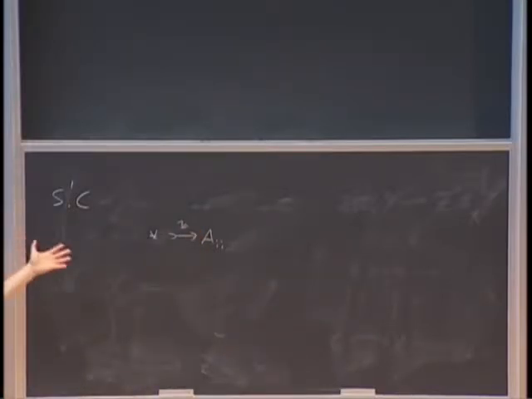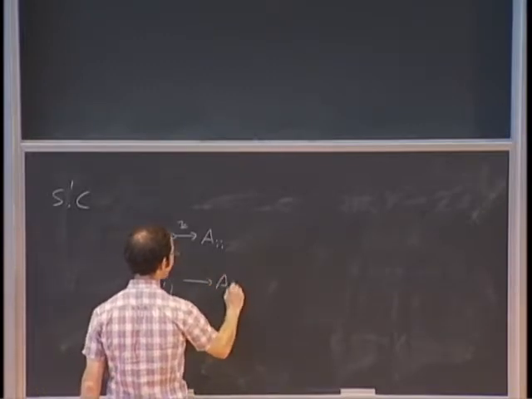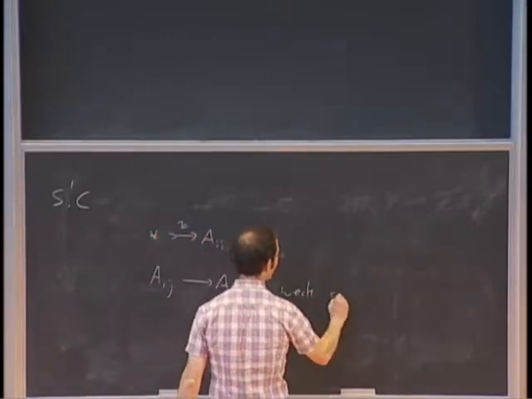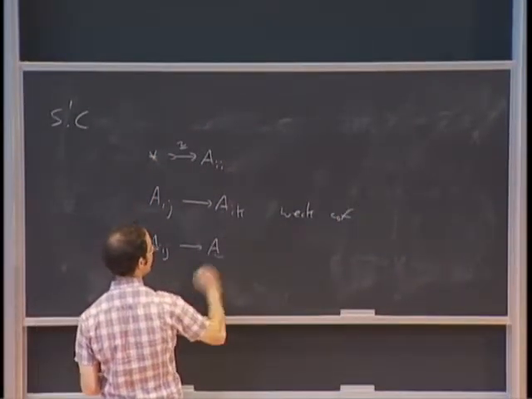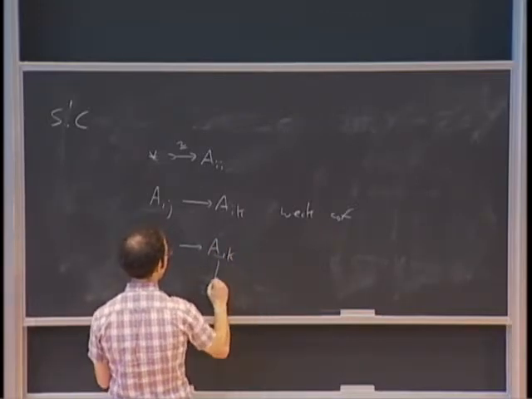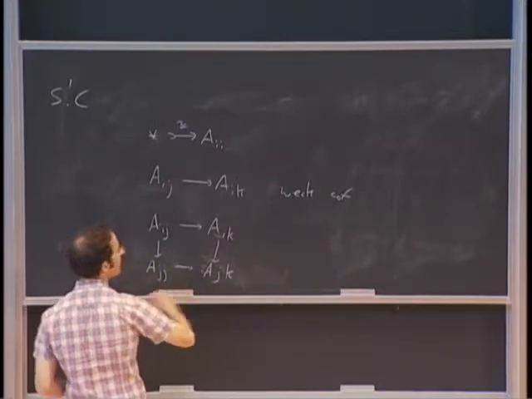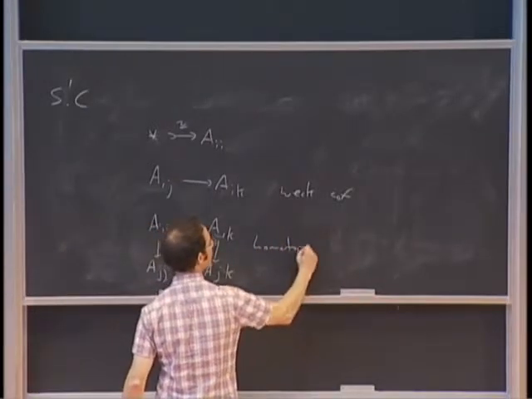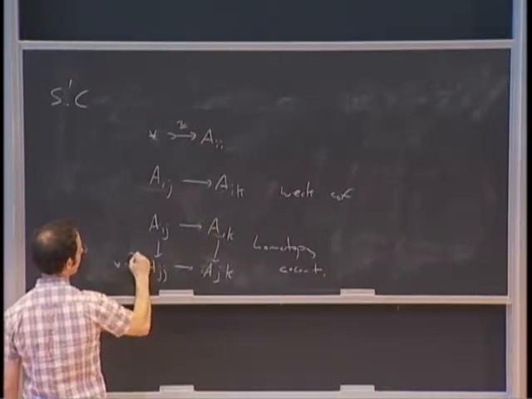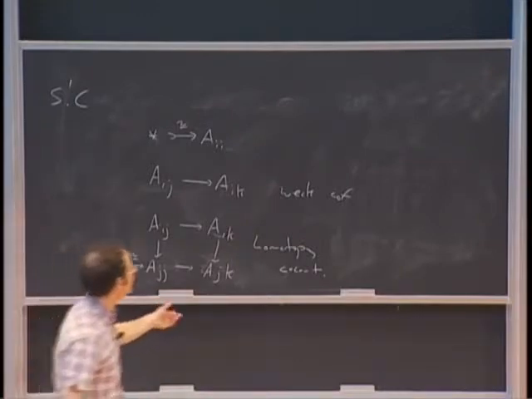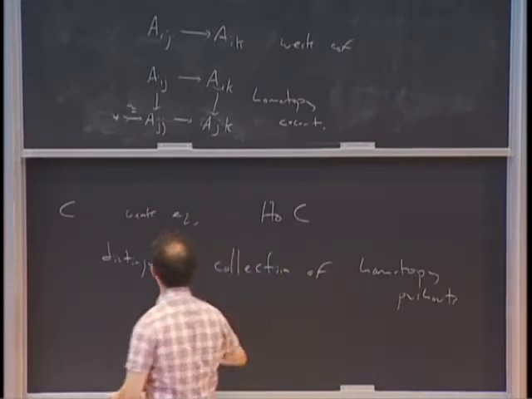So A_ii is weakly equivalent to a point, and A_ij to A_ik is a weak cofibration, and A_ij to A_ik to A_jk down to A_jk is homotopy co-Cartesian. Okay? So I've weakened all the conditions to be these homotopical notions more explicitly.